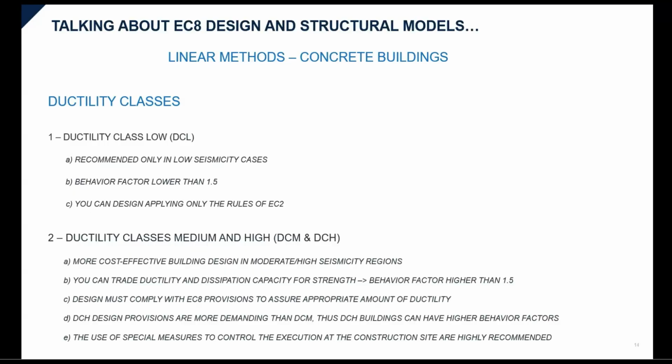And in the case of high ductility, the design provisions are much more demanding than in medium ductility, and in this case, high ductility buildings can have much higher behavior factors. In general, extensive conformity, checking, and quality control procedures are used during construction if we are in the higher ductility classes. That is, there are many aspects of design but also of construction quality and construction control.